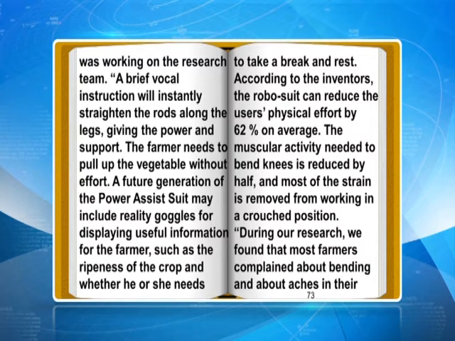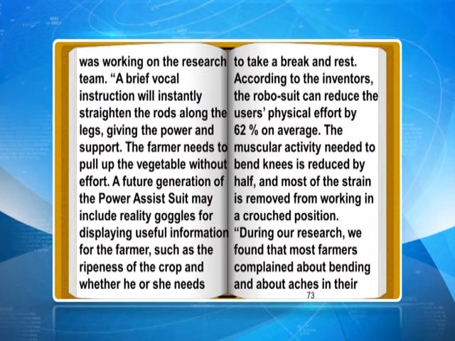A brief vocal instruction will instantly strengthen the rods along the legs, giving the power and support the farmer needs to pull up the vegetable without effort. A future generation of the Power Assist suit may include reality goggles for displaying useful information for the farmer, such as the ripeness of the crop and whether he or she needs to take a break and rest.